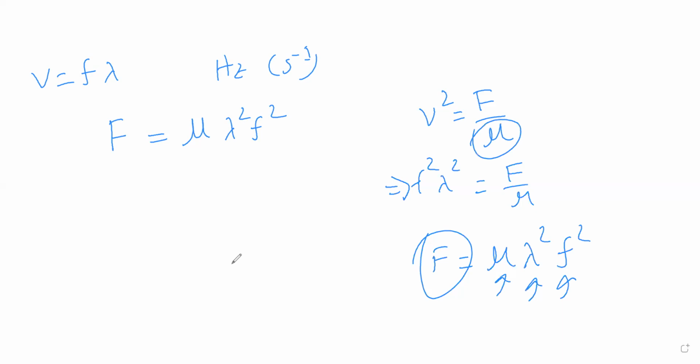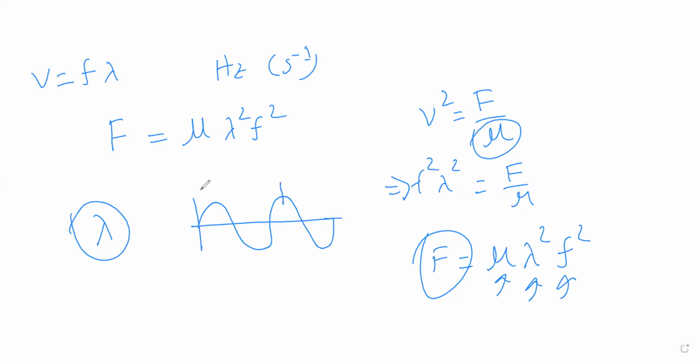Okay. And always try to remember lambda is the wavelength. But in any case, if a segment is given, suppose we use some segment for a standing wave, this segment L. What is the value of this L? You see, this is 1 lambda, half lambda, 1 lambda, 1.5 lambda.